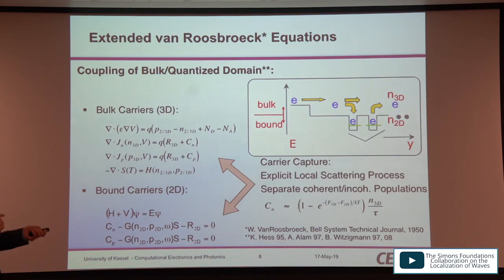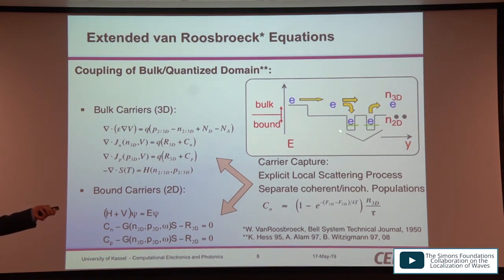And so what we did, and what Karl Hess in the 90s at the University of Illinois started working on, was we separate the energy space into a confined energy region and an unconfined energy region. And we say, well, these regions which have a dimension smaller than the mean free path, we treat with phase coherence.